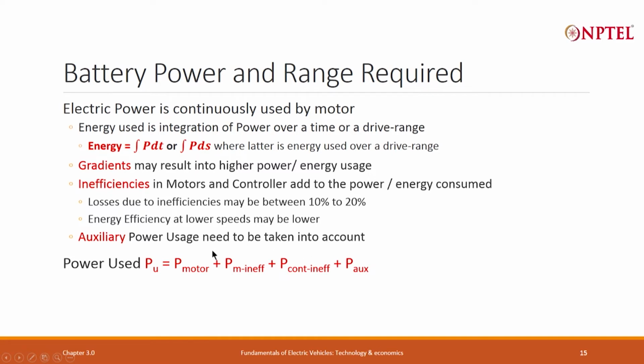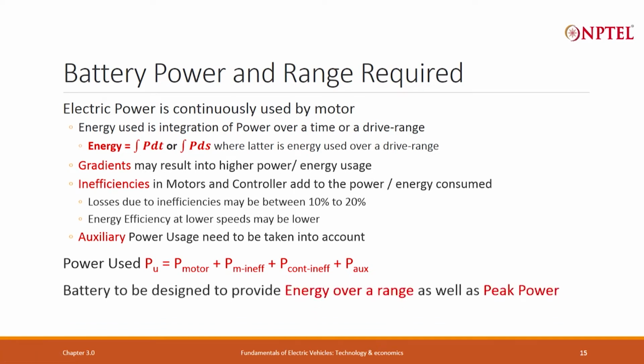So, all these three are included; auxiliary power is not a loss, but the power used will include the auxiliary power. That is what you have to do to compute the range that a battery will give you. The battery is designed to provide energy over a range as well as peak power. So, you have to take the total power used to give you the real range you will get.